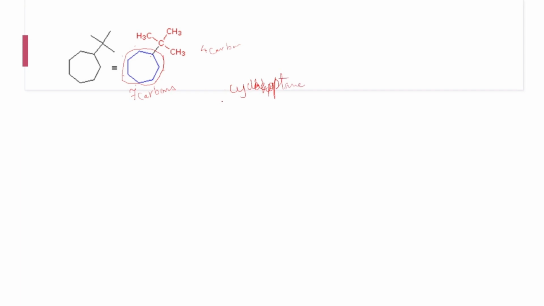Cycloheptane. Let's write it here. And the side chain is tertiary butyl. Why did we say tertiary butyl?